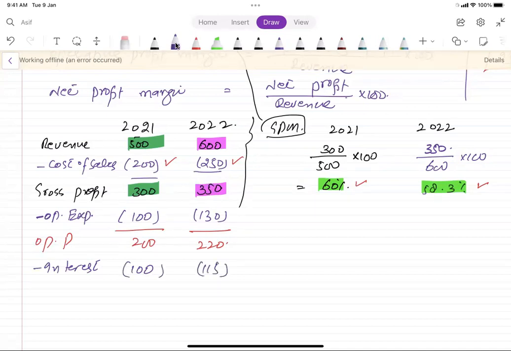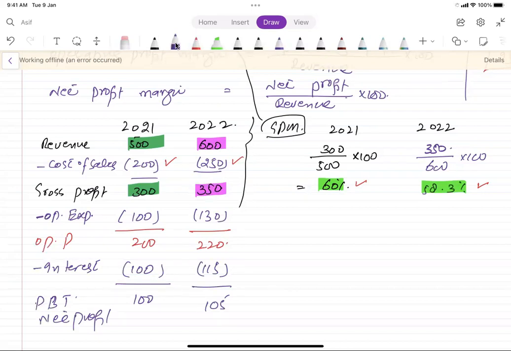For example, the net profit, or the profit before tax, PBT stands for profit before tax, will be 100 and 105. Again, looking at this situation, a layman would say 2022 is still better because net profit or profit before tax is still higher than 2021.